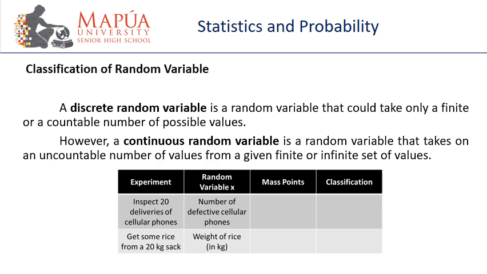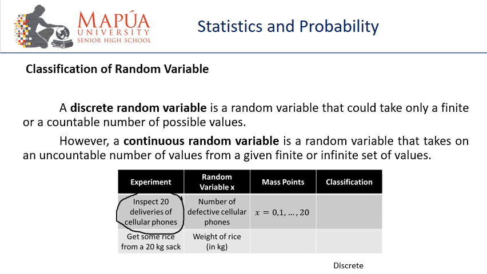So let's say you have here a table showing an experiment, its corresponding random variable x, and we will have to identify its mass points and classify whether it's discrete or continuous. The first experiment will be inspecting 20 deliveries of cellular phones. Note here that the random variable x is the number of defective cellular phones. Therefore, the mass points for this experiment will be 0, 1 until 20. And how will you going to classify it?